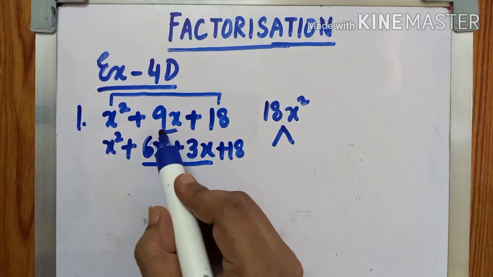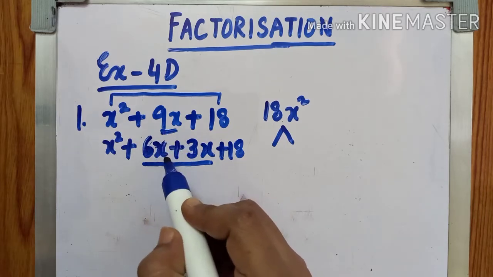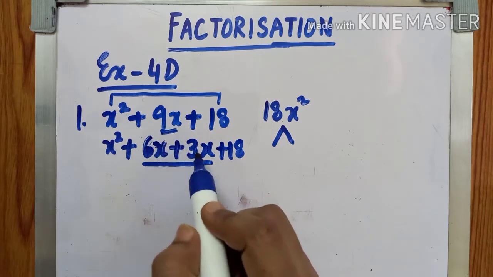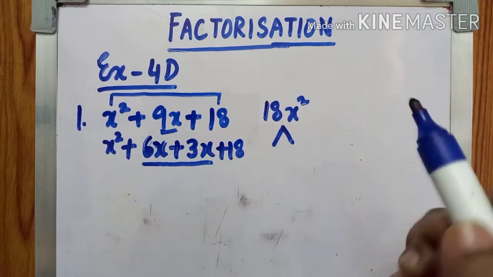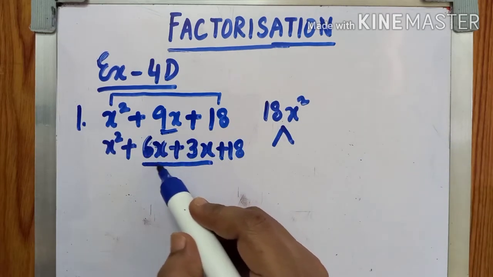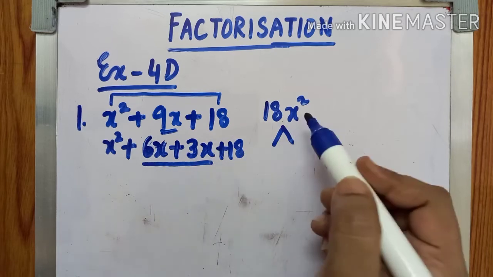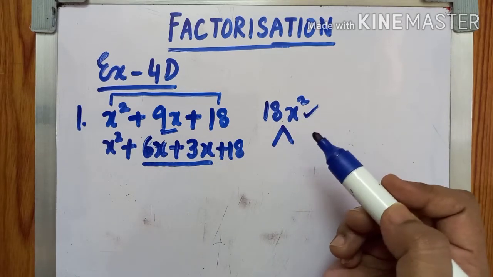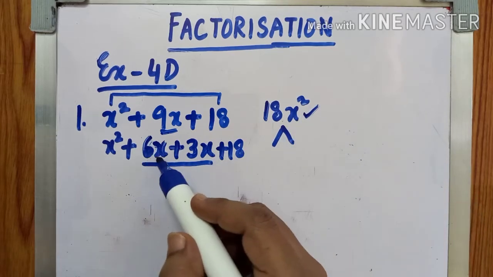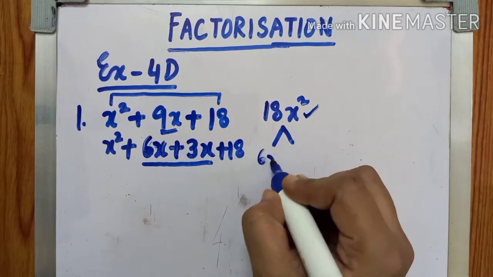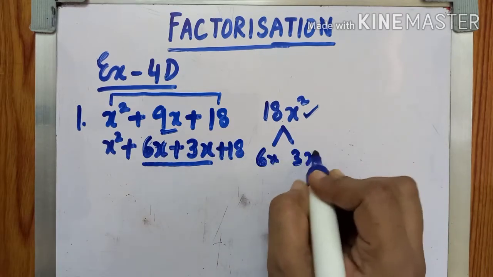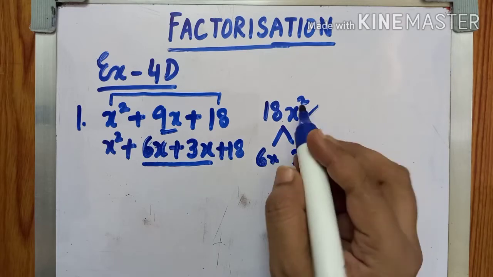But that is not the only thing we have to see. Not just 9x as 6x plus 3x, but also that when you multiply 6x into 3x, you should get this 18x square. Yes, 6 threes are 18, and x into x is x square.